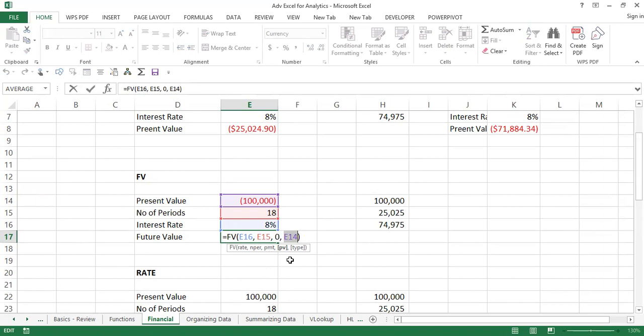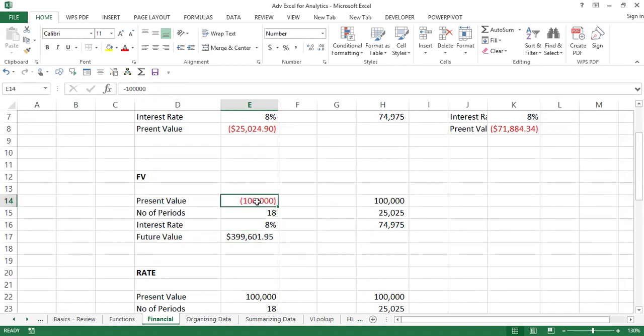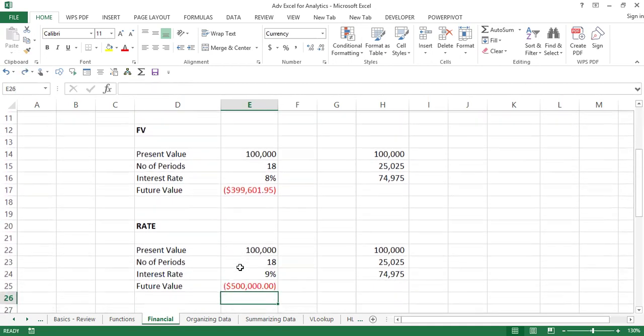So that's the FV function. Just know that it's always opposite.